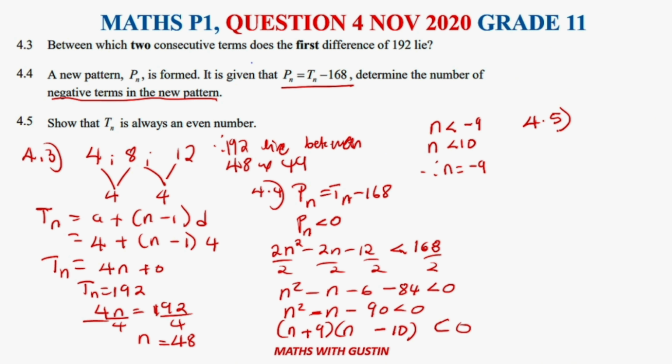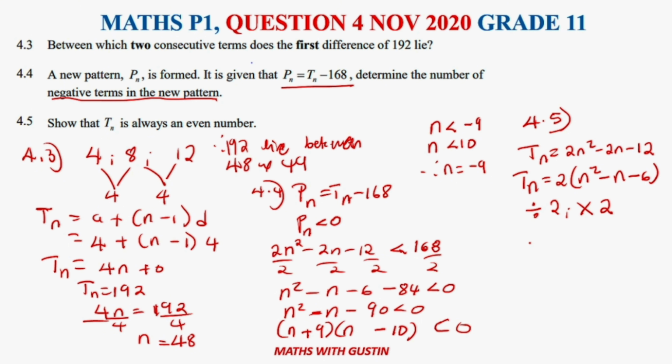So if it is always an even number, if you check that our Tn, it was given by 2n squared minus 2n minus 12, and therefore if you have a look at this one, you can take a common factor of 2, where you're going to be left with 2 times n squared minus n minus 6, and therefore it means that these terms here are divisible by 2, either they can be divided by 2 or they are multiples of 2.